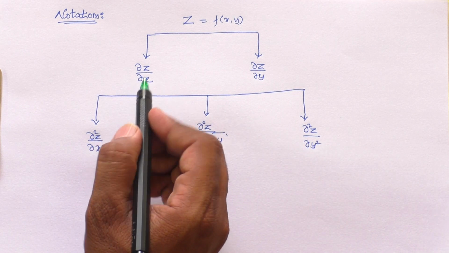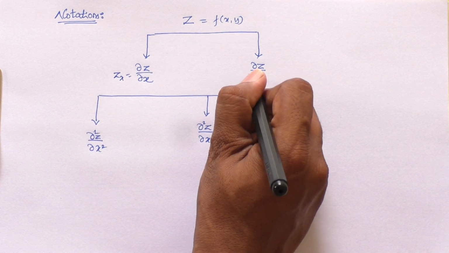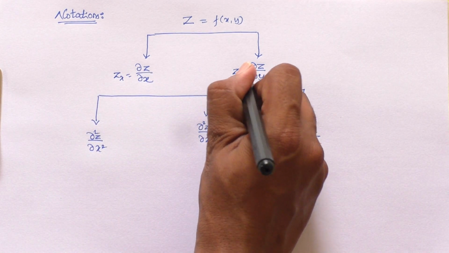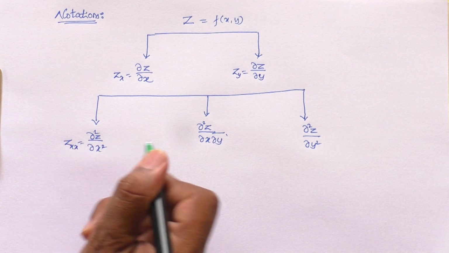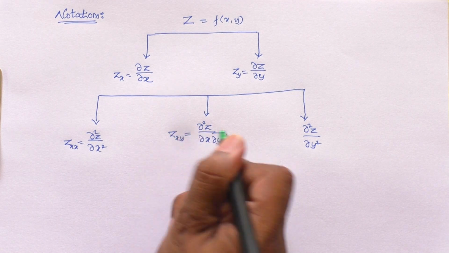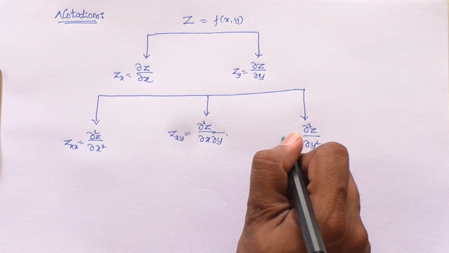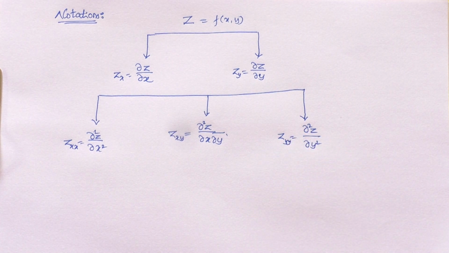Here dou z by dou x is also denoted as zx, and dou z by dou y as zy; dou square z by dou x square as zxx, dou square z by dou x dou y as zxy, and dou square z by dou y square as zyy. These are some notations which we use while solving problems.